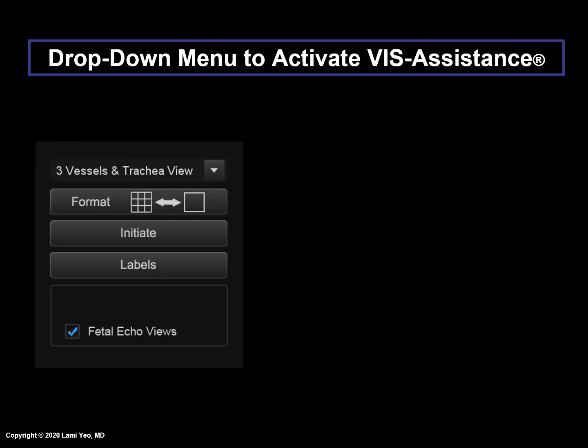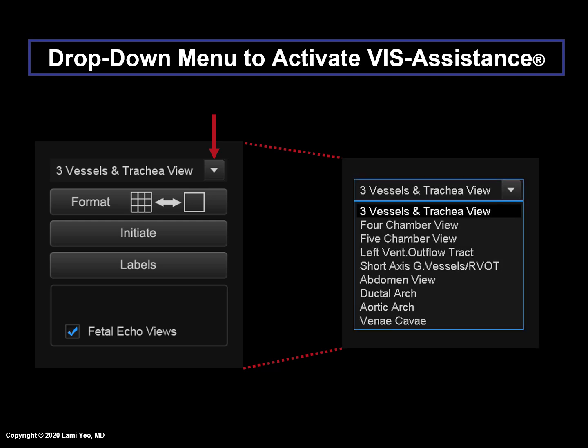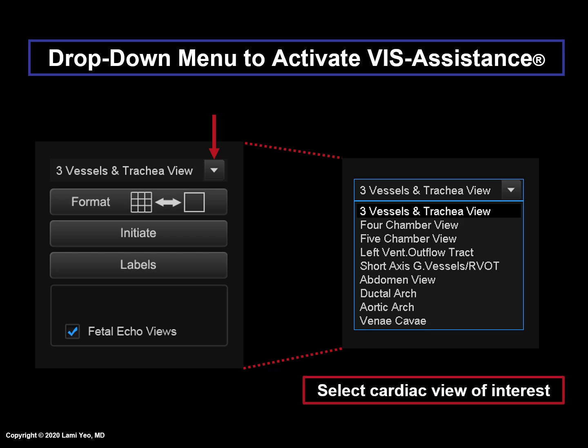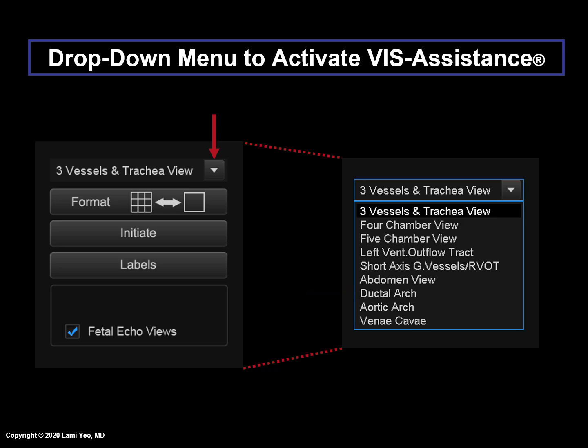After pressing the arrowhead button, this is the drop-down menu which appears. Each of the 9 cardiac views is listed. Next, select the cardiac view of interest. In this example, we want to activate the ductal arch VISA, and so the name ductal arch should be clicked.